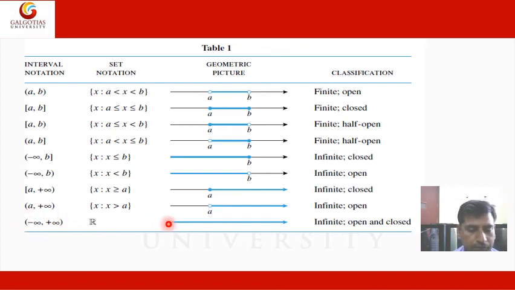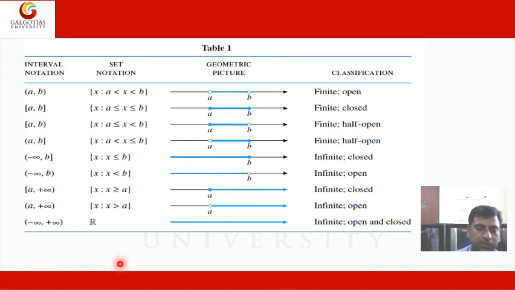That means it's taking all the values from a to infinity, all the values in the positive direction as well as a. So it's infinite and closed. Second is open a to infinity. That means a is not included and it will include all the points on the right side of a. So it's infinite because one endpoint is infinite, and it's open.